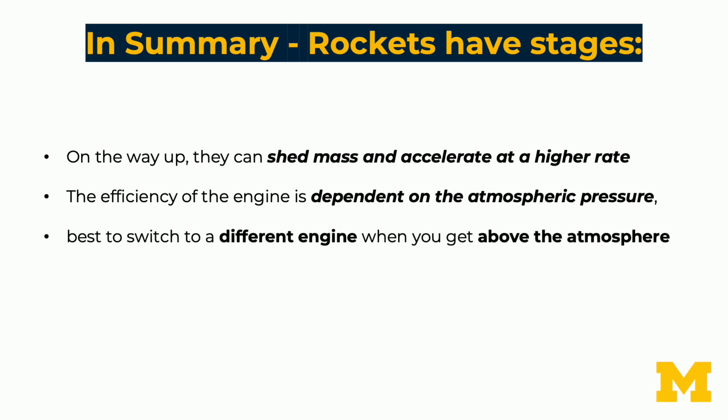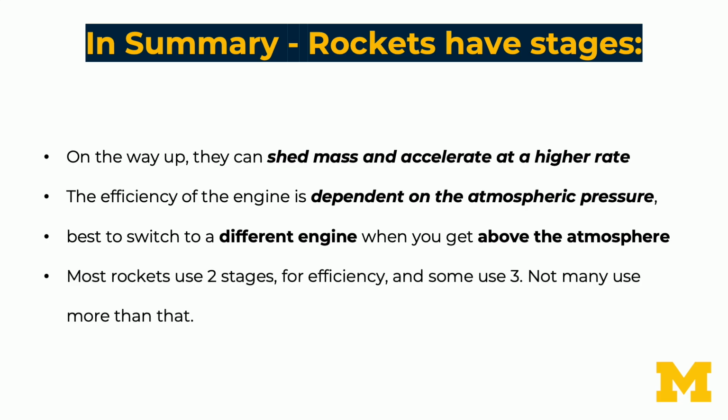It's best to switch to a different engine when you get above the atmosphere. So that first stage gets you above the atmosphere, and then you switch to the other engine. Most rockets use 2 stages for efficiency. Some use 3, and not many use more than that.